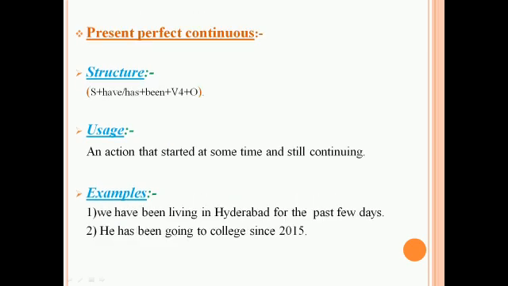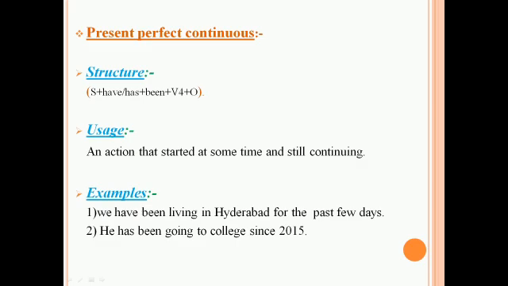Perfect means we should write has or have. We have to write has when the subject is in third person singular, and for all the remaining subjects, I, we, you, they, we should use have only. Subject plus have or has plus been plus V4 plus object. Present perfect continuous tense structure.